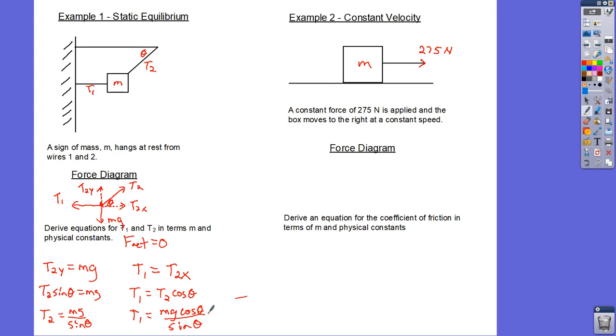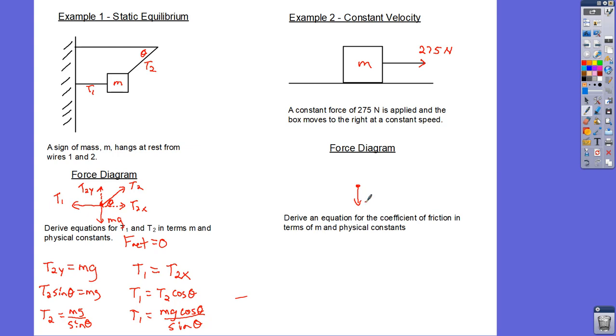Another example, the constant velocity case. And again, this might be one where you want to pause for a second, see if you can draw the force diagram and derive the formula for the coefficient of friction. Okay, I will go ahead and do that now.